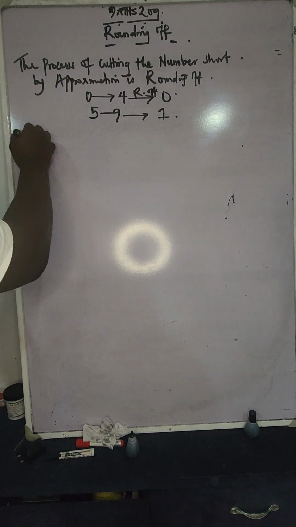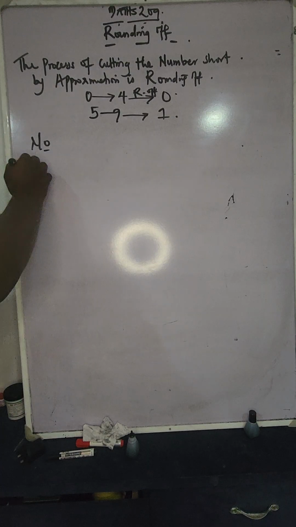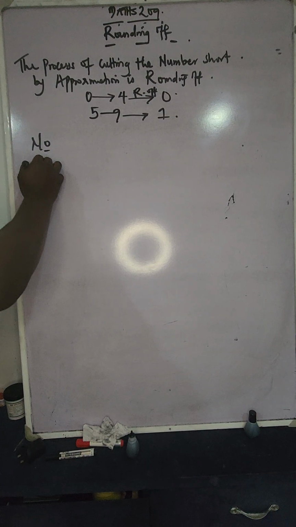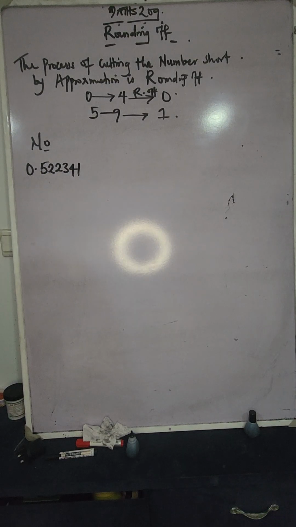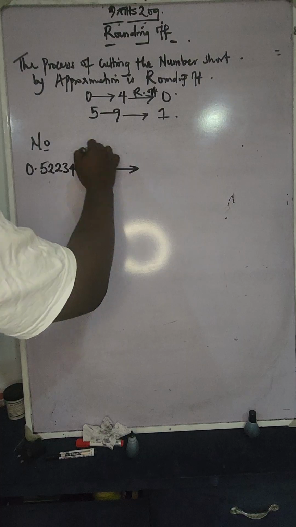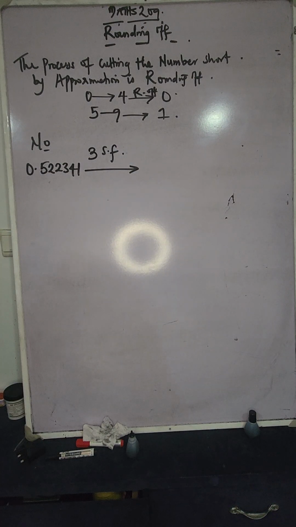For example, let's assume that this is a number here: 0.52231. How do we round this to 3 significant figures? What transformation do we need to use?